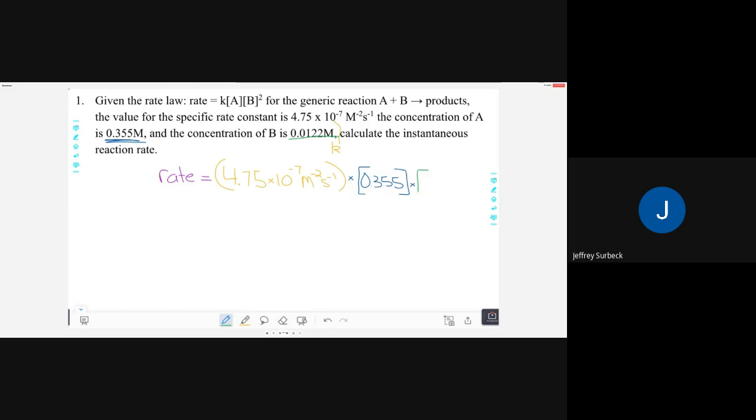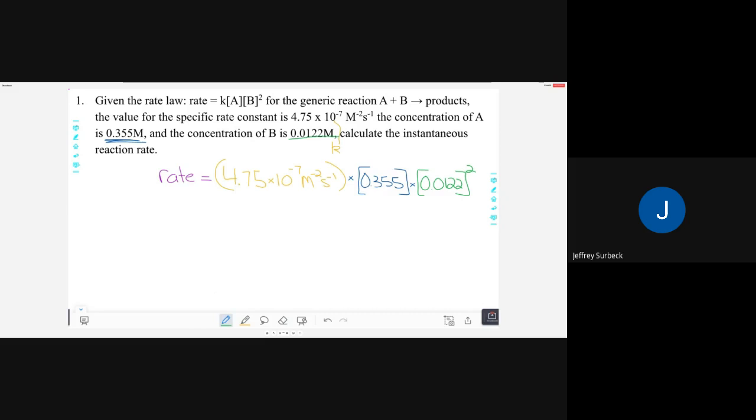Now, the unique thing about B, in the rate law, it says, hey, we have to square it. So when we calculate this, 2 things to be aware of. Number 1, we have scientific notation with our K. Number 2, don't forget to square this.